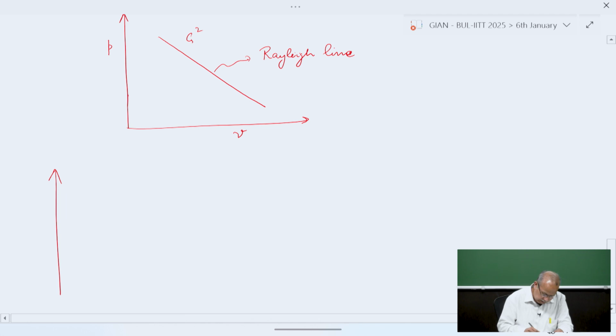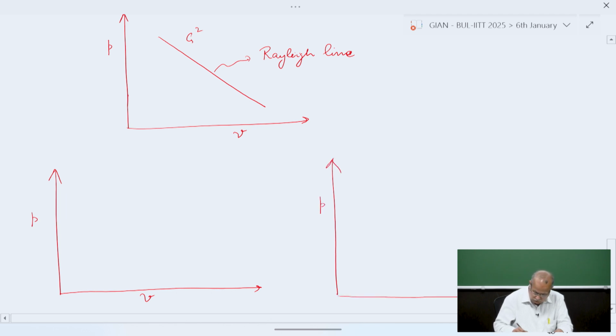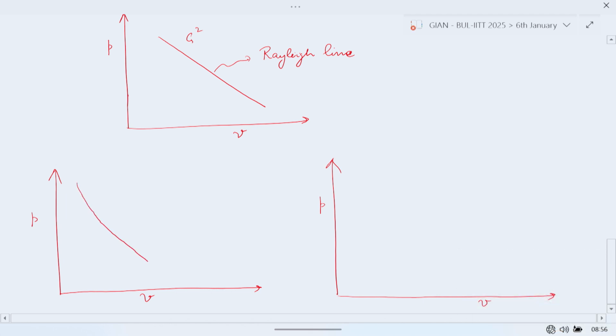So we can say that on a PV chart, on a P specific volume chart, this is the slope of, this is how the enthalpy line will be, and this is how the very similar but very small change here with this the entropy will be.